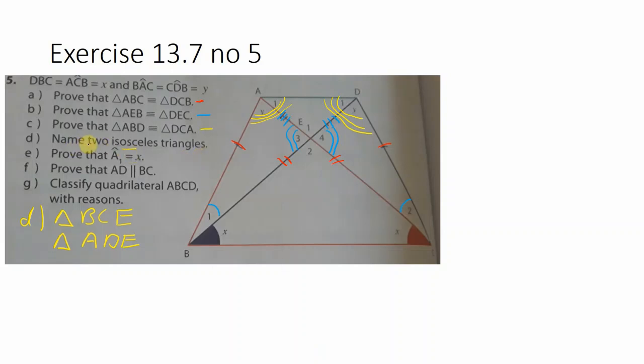Now from number D, we know we have the two isosceles triangles. Let's just use those properties to indicate what additionally we know due to them being isosceles. Since this side is equal to that side, the opposite angles will also be equal.